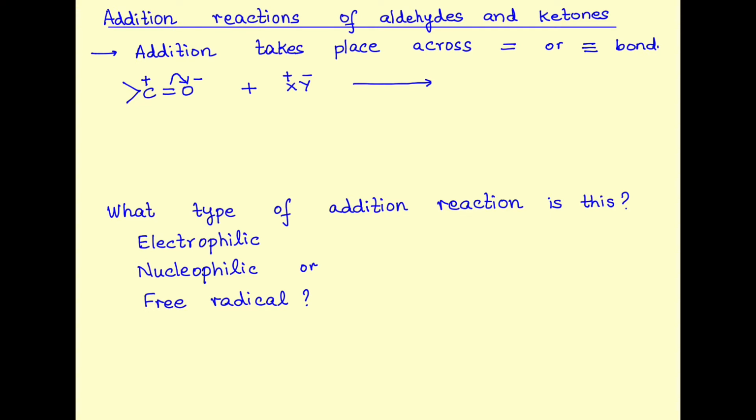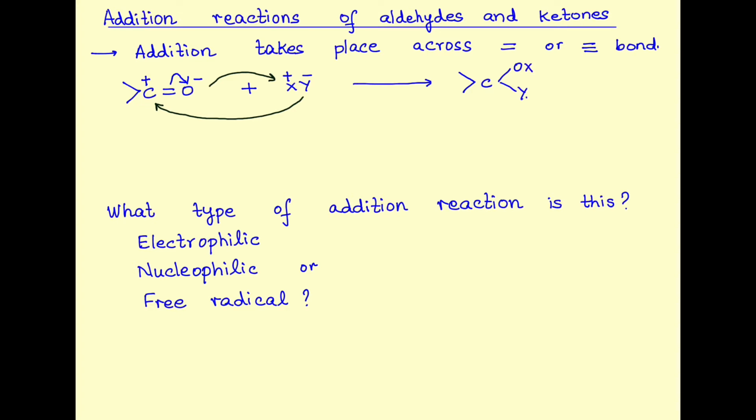If you see, the positive goes to the negative, so the electrons of oxygen tell X positive, oh look, I have electrons, I can help you out. Whereas the Y negative offers its electrons to the carbon. With the result, what do we have? We will have addition across the double bond forming OX and Y.